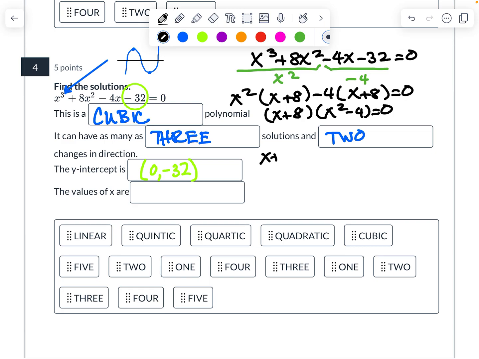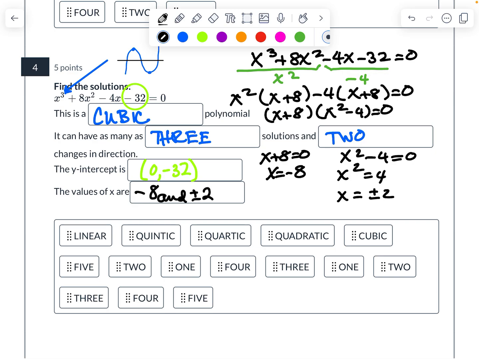And if x plus 8 equals 0, then x is negative 8. And if x squared minus 4 equals 0, then x squared would equal 4, then x would equal positive and negative 2. So the answers would be negative 8 and plus or minus 2.